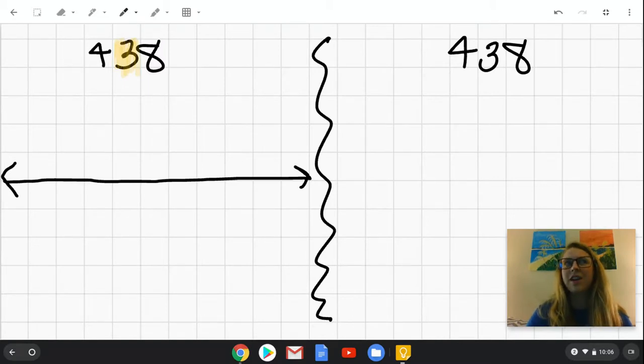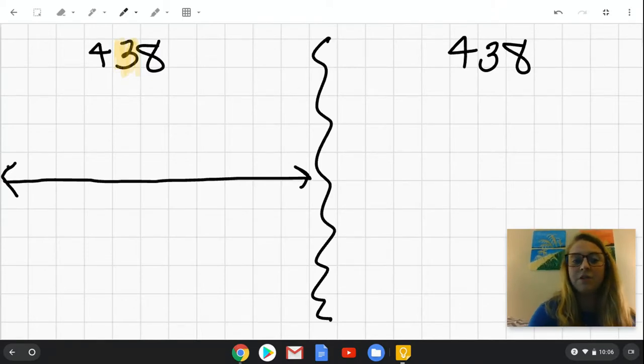So I see 438. If I'm rounding to the nearest 10, I know that my number is either going to round to 430 or it's going to go to 440. So I know it's going to be between those numbers. My 3, again, is in my tens place, so it's worth 30.